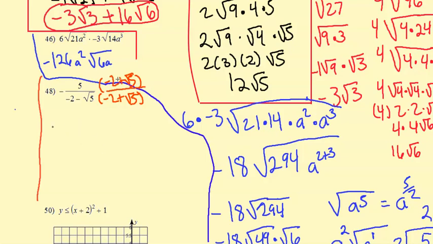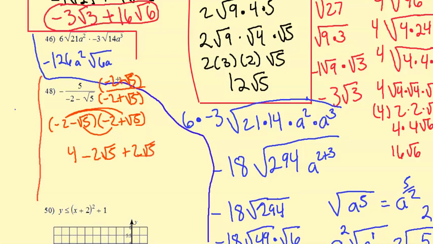So if we multiply these out, we could do FOIL. -2 times -2 is 4. -2 times square root 5 is -2 square root 5. Negative square root 5 times -2 is positive 2 square root 5. And then negative square root 5 times positive square root 5 is a -5.